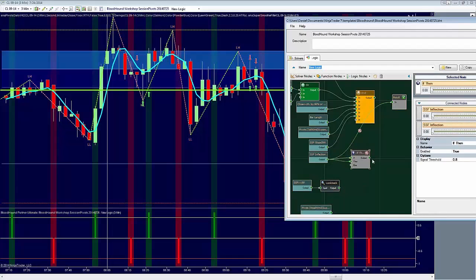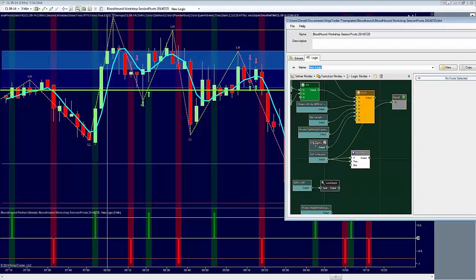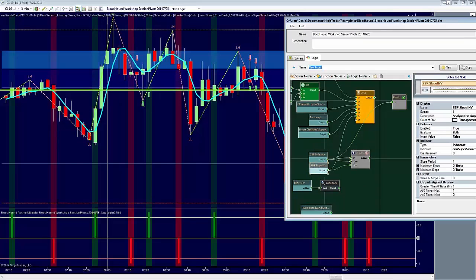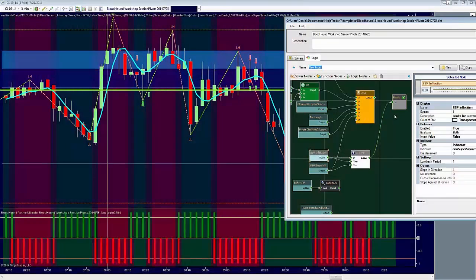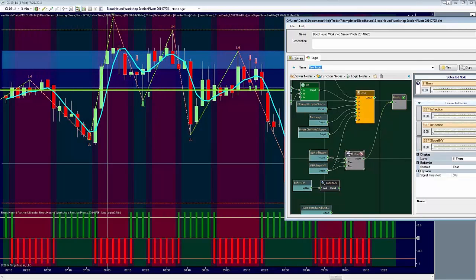So if we get the inflection, then keep the inflection. Otherwise, we want to use the slope, the inverted slope of the line. So if it's pulling back like this, it's sloping up, we get short conditions. But if it turns down, that first bar on which it turns down, we want to keep that signal. That's the inflection. So let's see if that works. That does work to some extent.